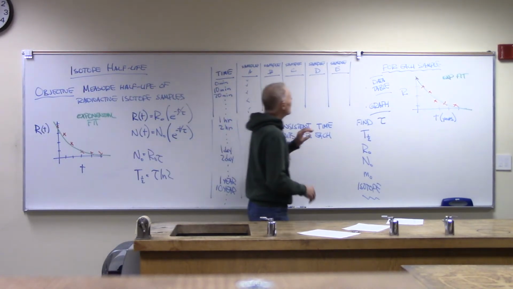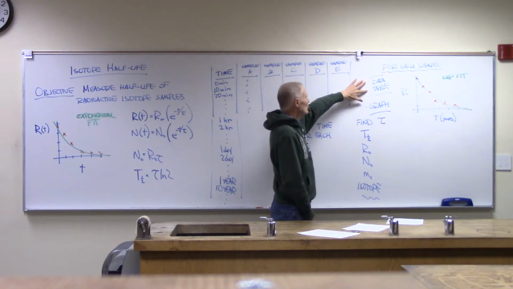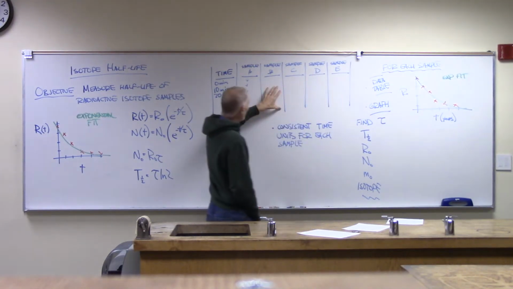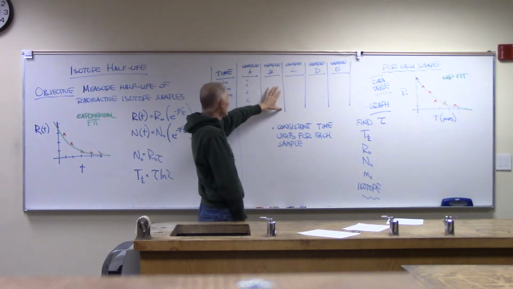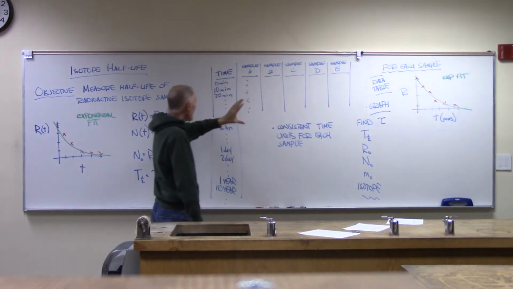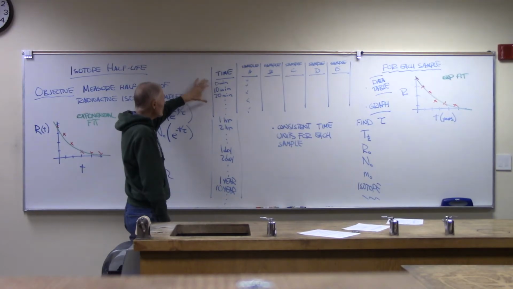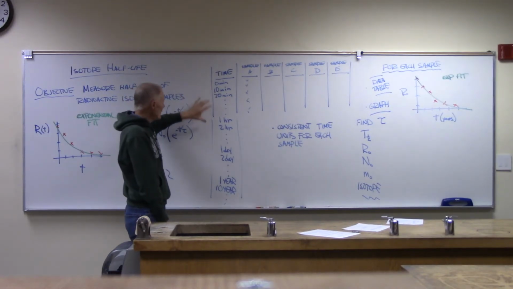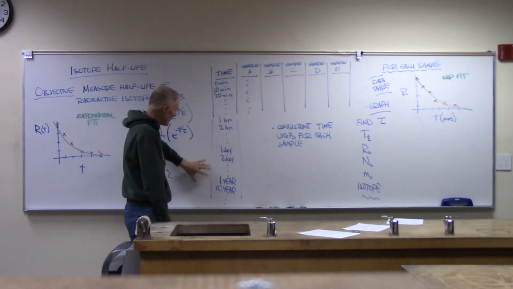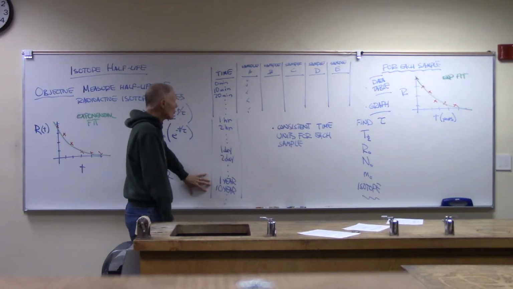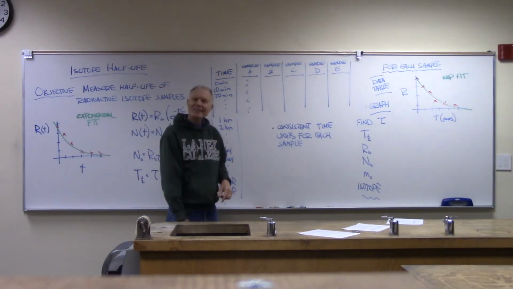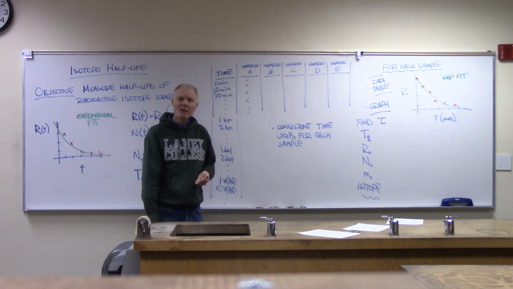For each sample, you want to go in and generate your own data table. There's one complete set of data that's been provided. The problem is that we started out measuring every 10 minutes, and then went to hours, and then days, and then hundreds or thousands of years, so we need a consistent time scale.